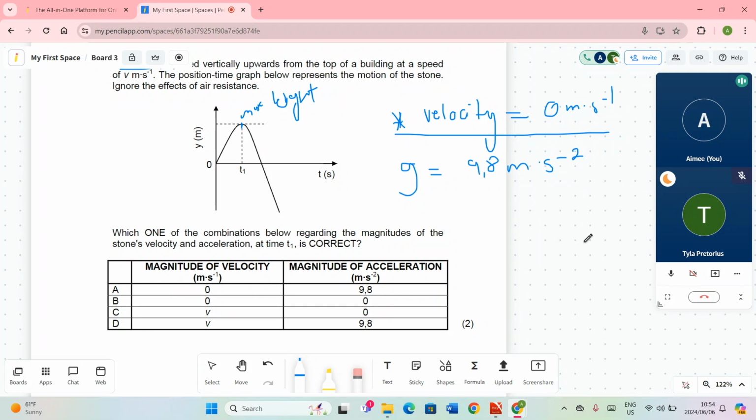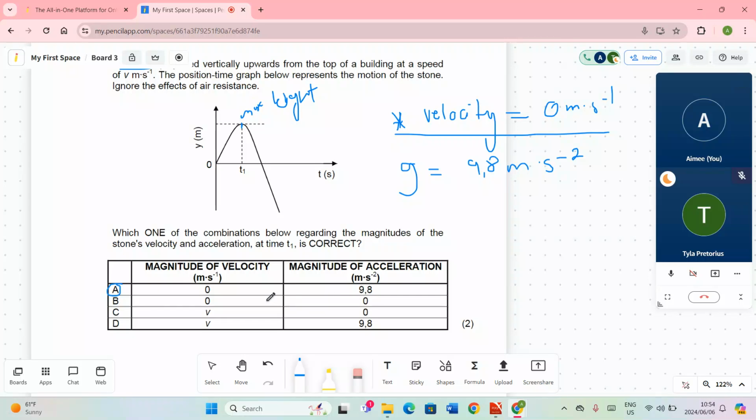So now you're looking for the answer that corresponds with a velocity of 0 and a gravitational acceleration of 9.8. And this is question 1.3. So our answer is A.